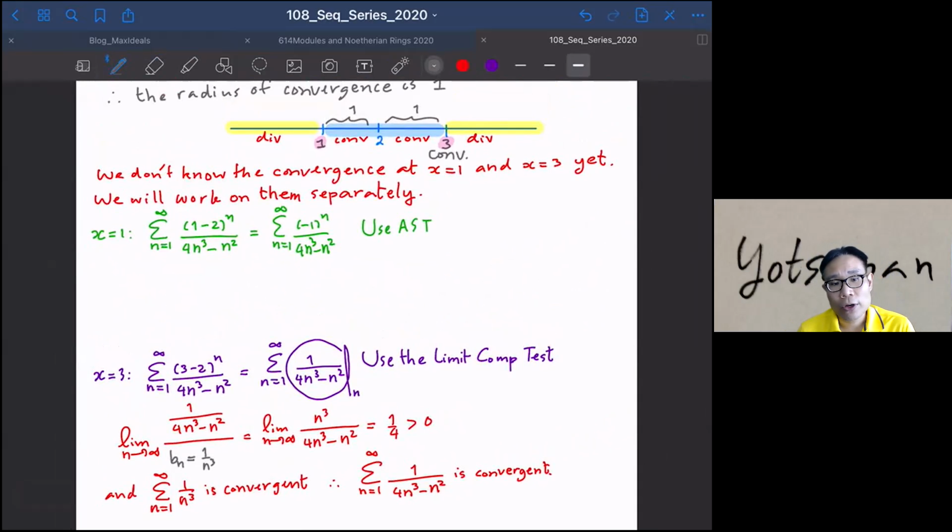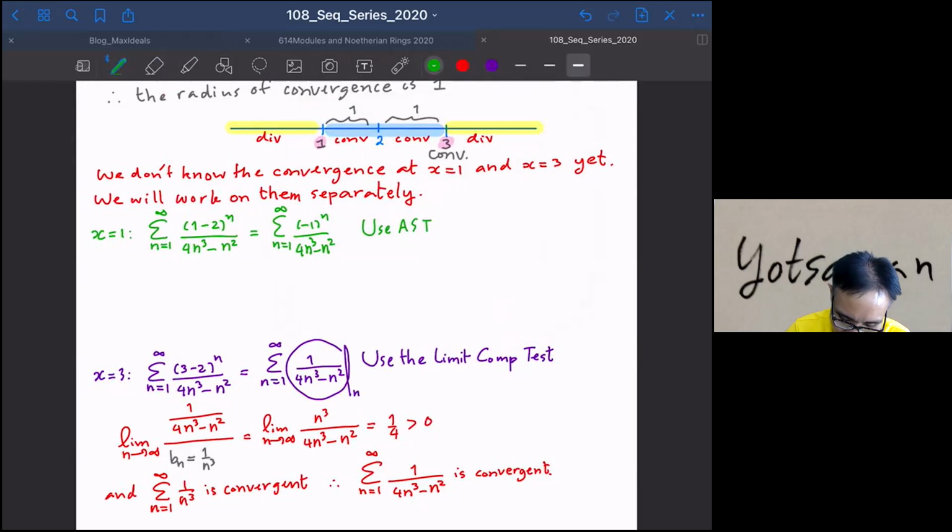And for x equal to 1, you can do this one by AST, or you can just use the theorem. So we're going to show this one by using the theorem. I'm not going to show you by using the AST. You can use AST. However, using the theorem will be faster. What is the theorem?